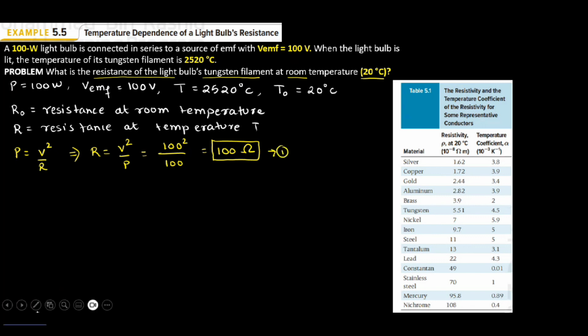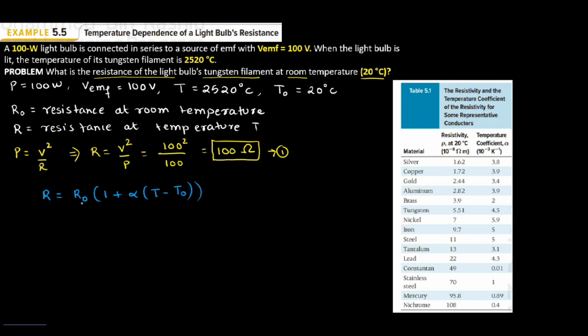To find the resistance at room temperature, I'm going to use the temperature dependence of resistance equation. The equation goes like this. R equals R naught times 1 plus alpha times T minus T naught, where R is the resistance at the given temperature, R naught is the resistance at room temperature, alpha is the temperature coefficient, T is the temperature here, and T naught is the room temperature.